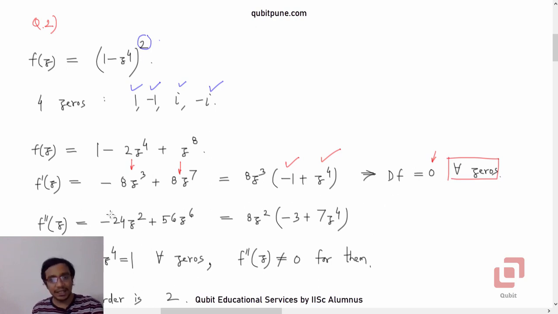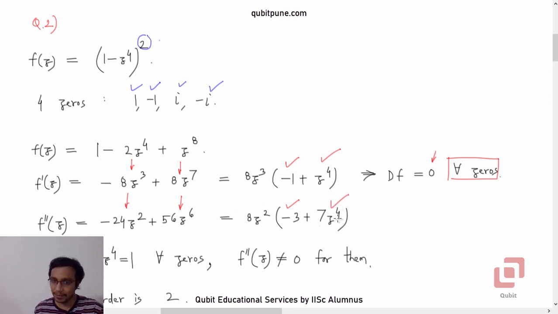Now let us go to the second derivative. Derivative of the first term is minus 24z squared, and here we have 56z to the power 6. If we take 8z squared common from these two terms, you are going to get minus 3 as the first term in the bracket and 7z to the power 4 in the second.